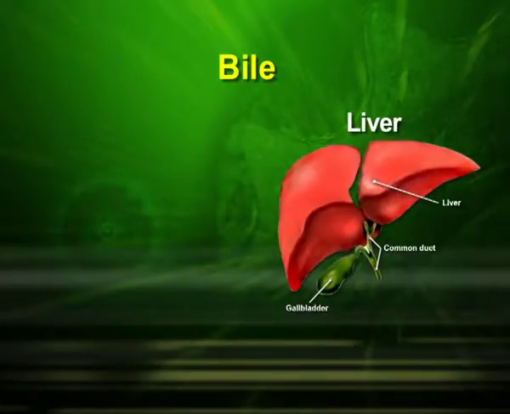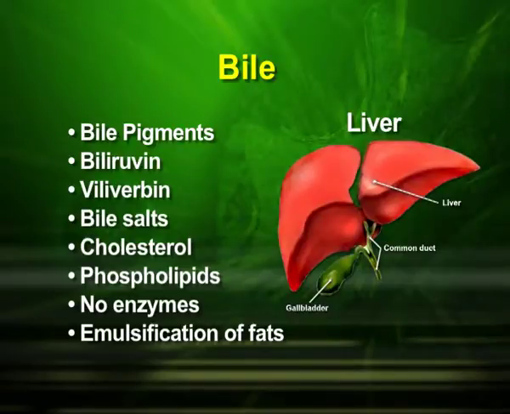Bile is greenish bluish in color. It has bile pigments, bilirubin, biliverdin, bile salts, cholesterol, phospholipids, and of course, it has no enzyme and it does emulsification of fats. I think the main purpose of bile in our alimentary canal is emulsification of fat.